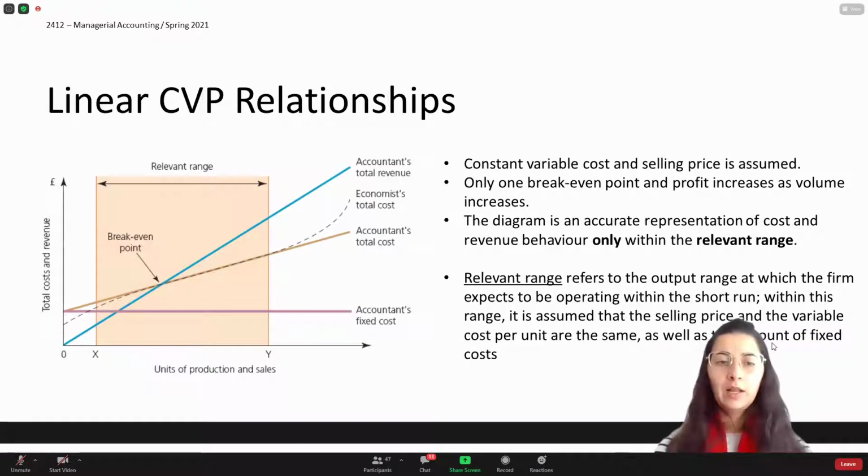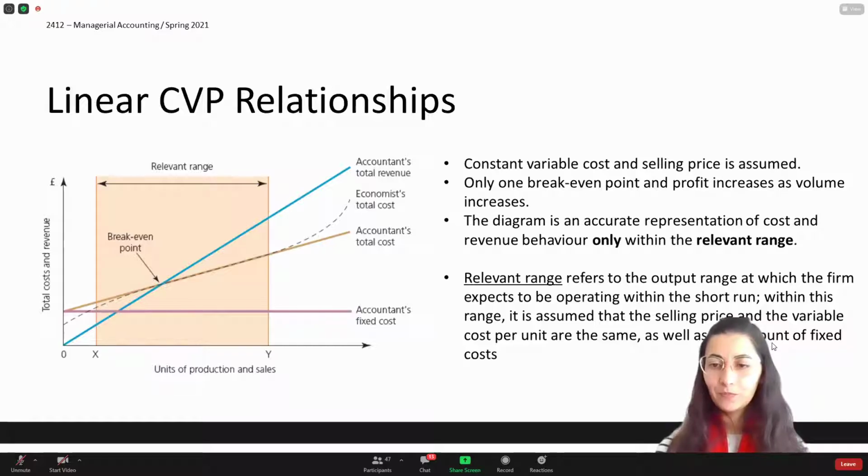That is what happens outside of the relevant range. In order for us to assume a linear CVP relationship, we assume constant variable costs, constant selling prices, and fixed costs. Okay, so these are the assumptions, and this is just to make the bridge with the previous slide. Any more questions?